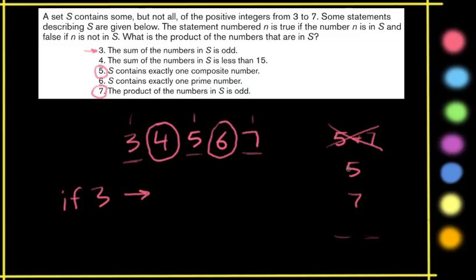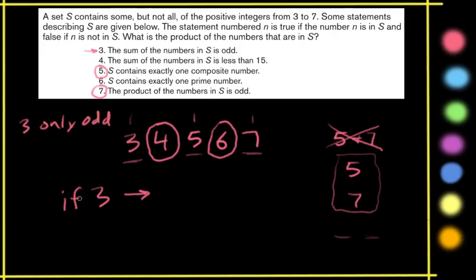Well, no, because if 3 is true, that's another odd number, right? So if 3 is true and we had 5 but not 7, that would be an even number of odd numbers. And if 3 was true and we had 7 but not 5, that would be an even number of odd numbers. So the only way for 3 to be true is for 5 and 7 to both be false. Okay, so that's one possibility: you have 3 as the only odd.